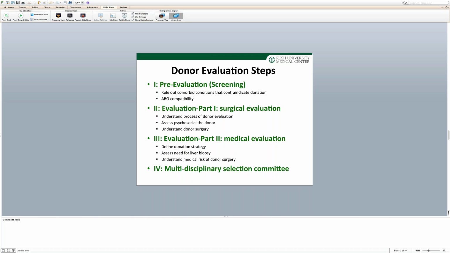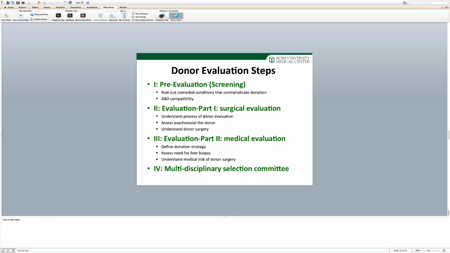The second part is mainly a surgical evaluation, but we also assess the psychosocial status of the donor. That means in this part, the potential donor learns about the surgical procedure itself, and the program understands the psychosocial support and motivation of the donor. The third part is the medical evaluation.